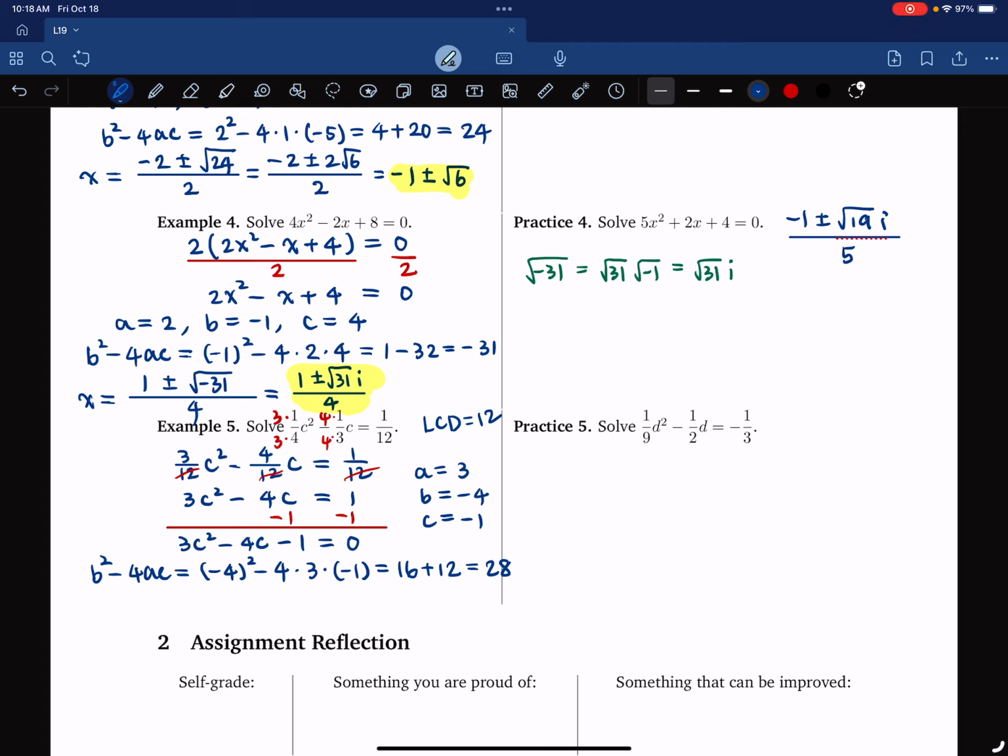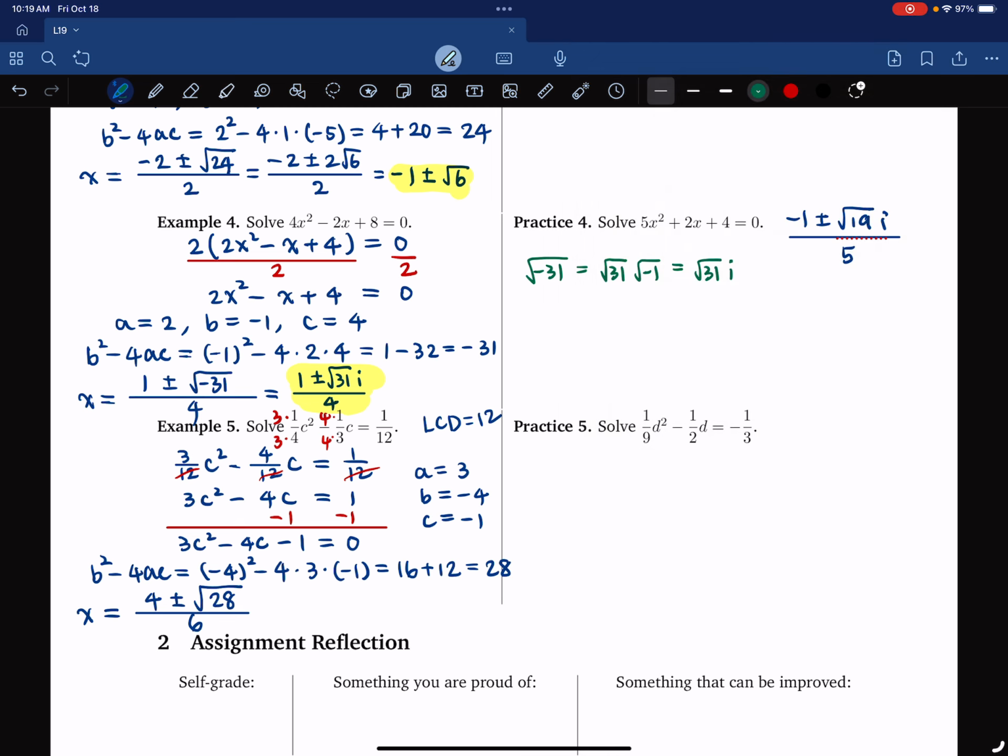We're expecting 2 real irrational solutions. Let's put them into the quadratic formula. Denominator 2 times a, so that will be 6. Negative b, that will be 4. Plus minus square root of 28.